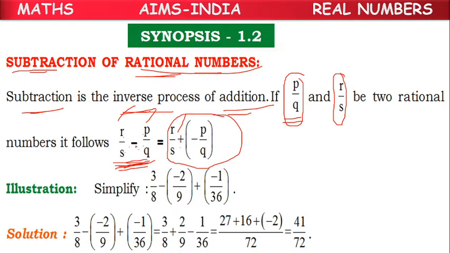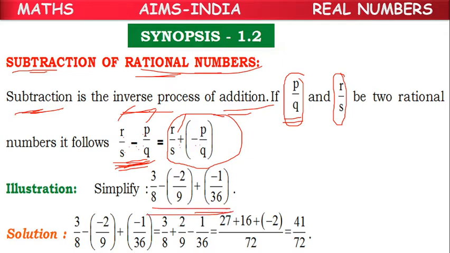So we can write minus as plus of minus. Subtraction is the inverse process of addition. Once we change it like this, we already know how to do addition from earlier videos. In the same process we have to do the addition.